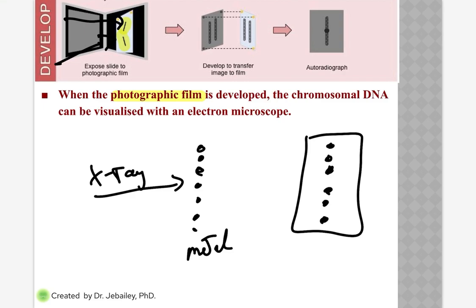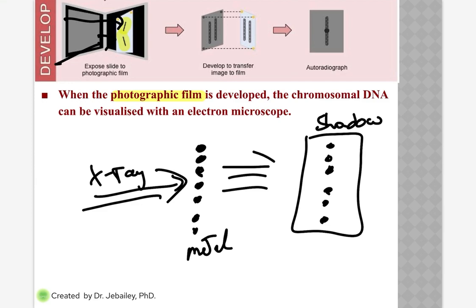The exact shadow, these are the shadows of the metals that were placed here. And of course, the X-ray was hitting on these metals, and it projects like that. So this is what we see. We saw that, and then from there, we developed a film, and eventually, this is what we have, autoradiography.